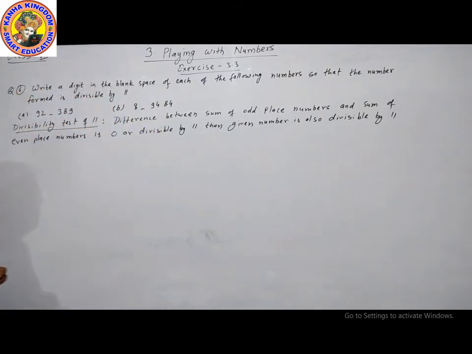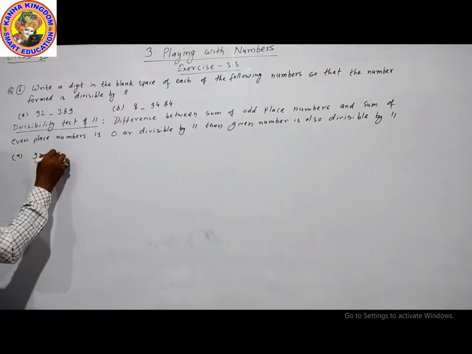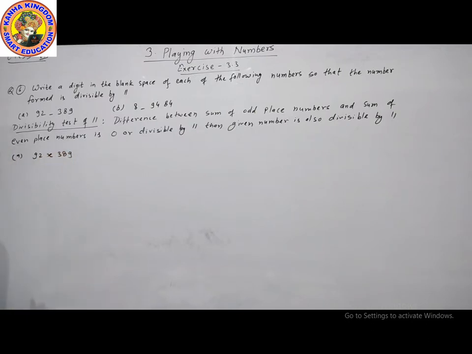If the difference is 0 or the difference can divide by 11, then the number is also divisible by 11. In this question, the number is already given as divisible by 11. So we will put x in the blank space. For what value of x can we divide this number by 11?